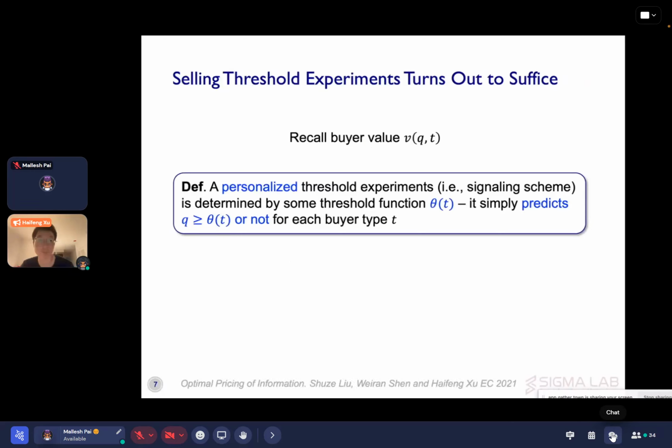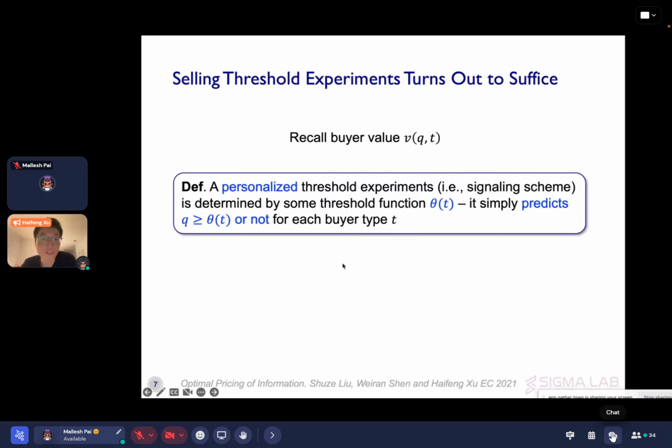In a recent EC paper, people were able to show that even though the signaling scheme you design can in general be very complicated, it turns out that selling threshold experiments suffices to achieve optimal revenue. Recall that the buyer's value is basically a V function for the active move.